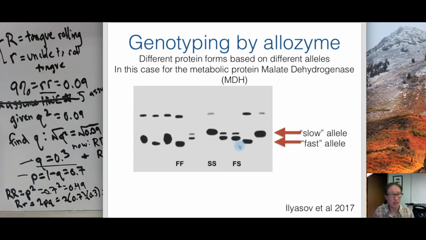And so here's a gel that shows different genotypes for malate dehydrogenase, and there's two main alleles. There's a fast allele and a slow allele. So here's individuals that have the fast genotype, so two fast alleles. Here's an individual that has the slow allele, and then here's some examples of individuals that are heterozygous, one fast, one slow. Okay.